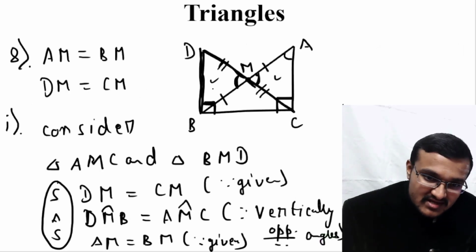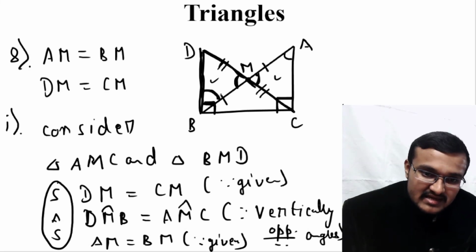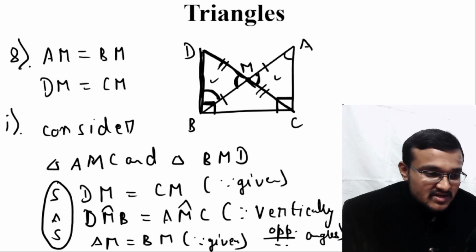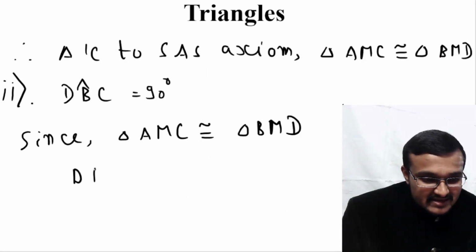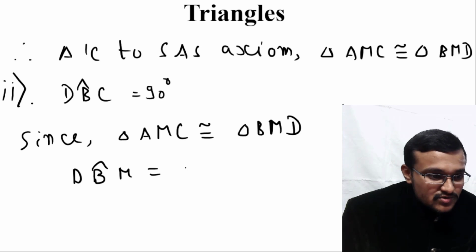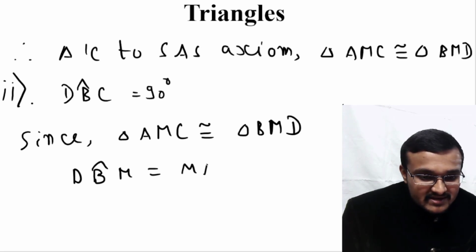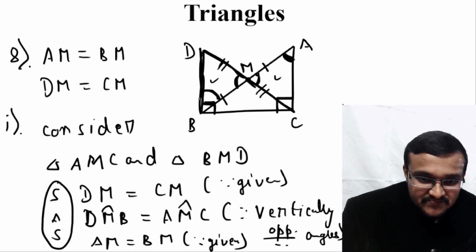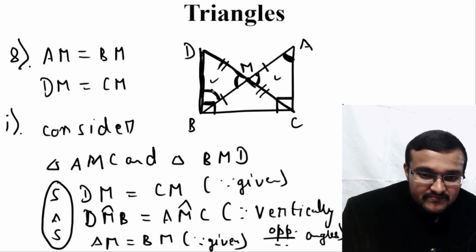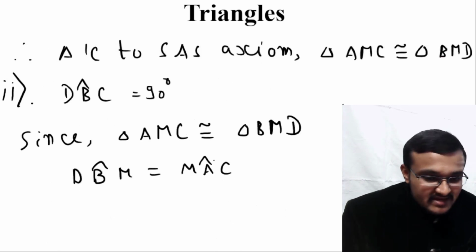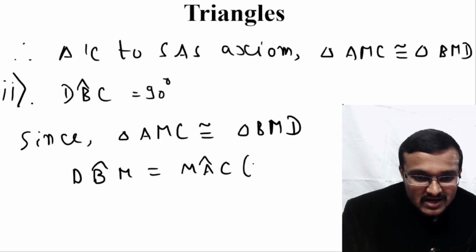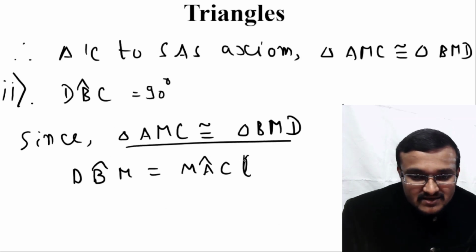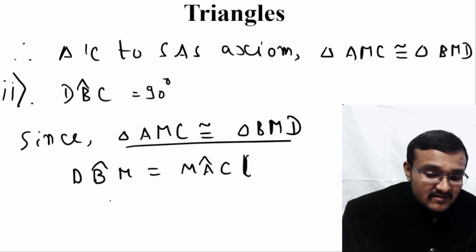So that is this particular angle and this particular angle will be equal. So that is DBM is equal to MAC. So these two are equal because triangle AMC is congruent with triangle BMD.